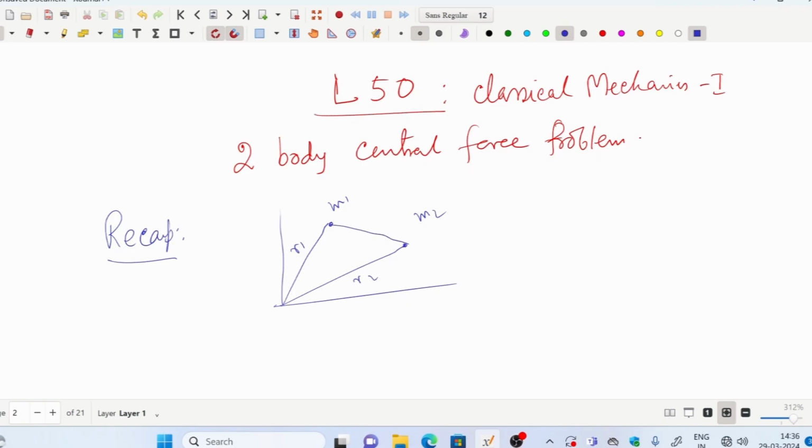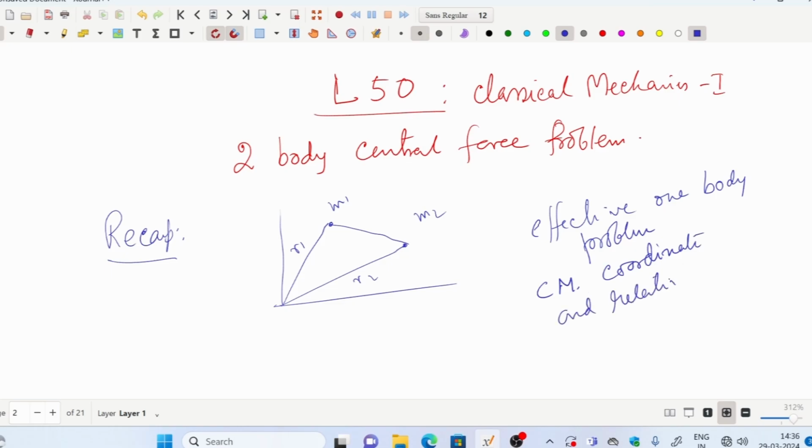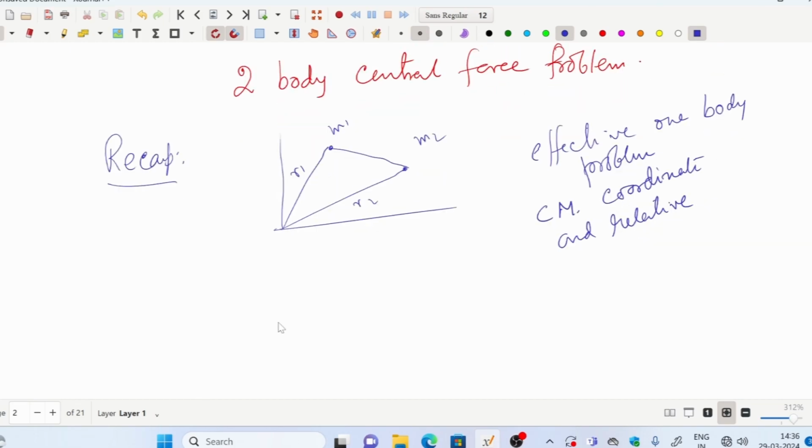Last lecture we showed that this system can be reduced to an effective one body problem by considering the center of mass coordinate and the relative coordinate.